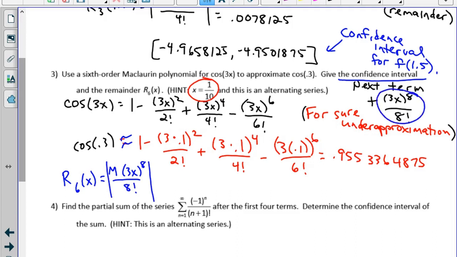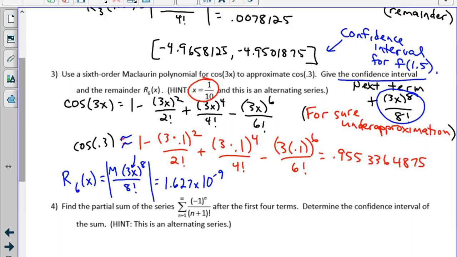And normally I just go n plus 1. However, cosine does not have a term that has a 7th degree. So that means I have to go to the next term and get the 8th degree. So when I substitute in 0.1 for x here, I get 1.627, and then more decimal places, but I'm not going to write them, times 10 to the minus 9th.